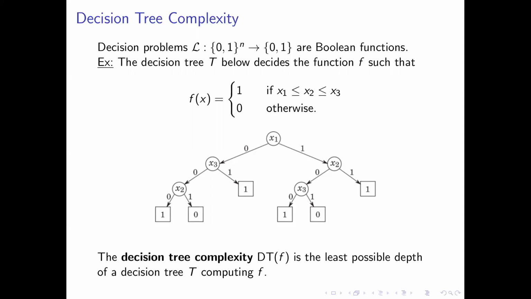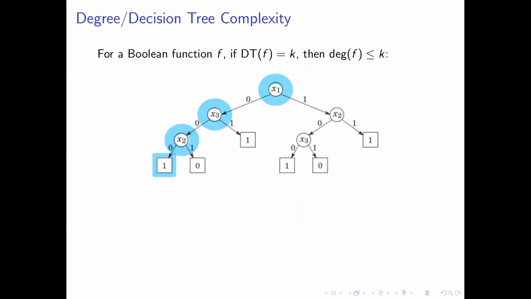One of the nice things in this area is that we have many different ways of measuring the complexity of these Boolean functions that on the surface seem like they might not be related, but in fact we'll show that they are polynomially related.